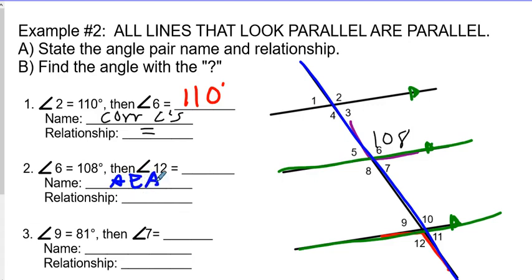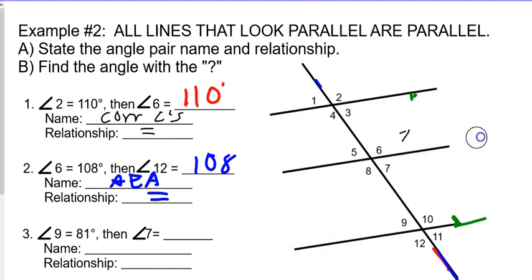But another way to look at it is 12 is clearly obtuse, 6 is clearly obtuse, all of the obtuse ones are the same, so 108 equal. Okay, angle 9 is 81.